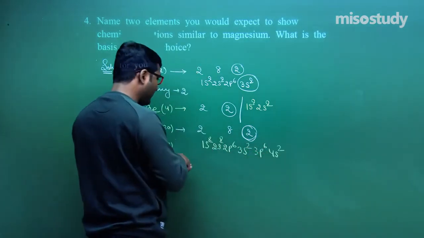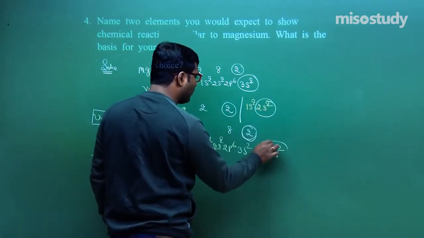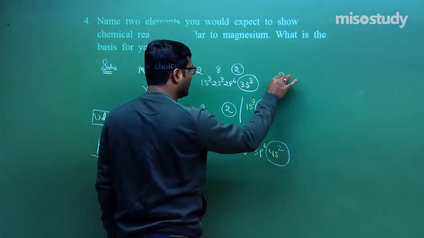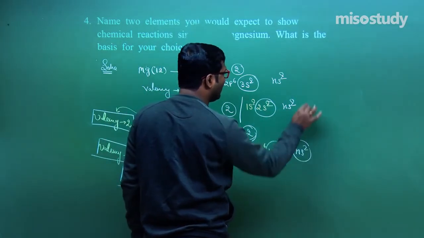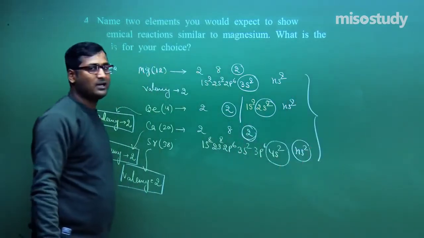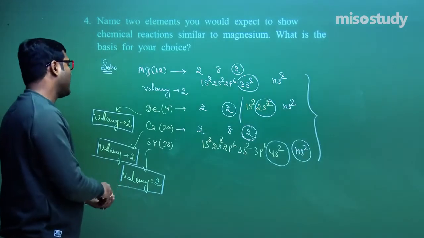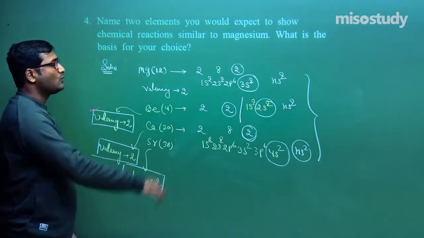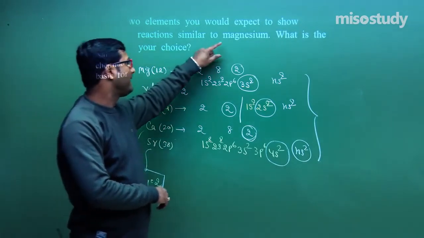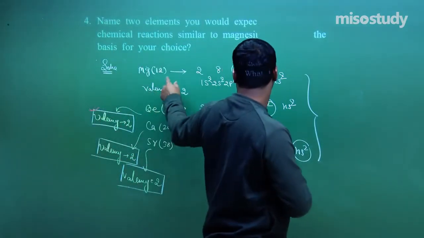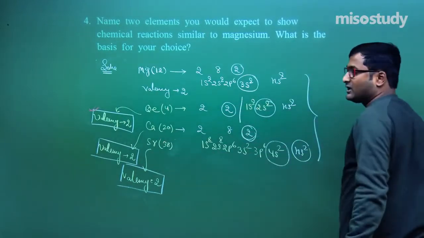In each and every case, what do we observe? The outermost electronic configuration is the same. If the outermost electronic configuration is the same, then it will have similar physical and chemical properties. So what is the basis? Here the basis is valency and similar outermost electronic configuration. So magnesium will have similar properties with beryllium, calcium, strontium and barium.